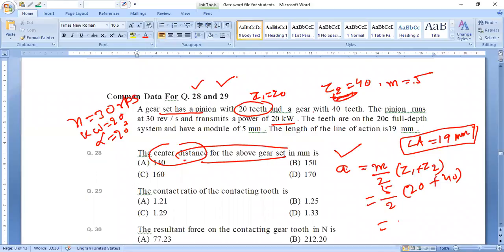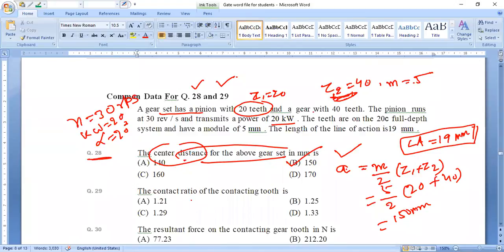Solve it. 5 by 2, 20 plus 40. Option B, 150. So it is 150 mm. So option B is correct. Yes, this is a very simple question. 28 is very easy, just a small formula.